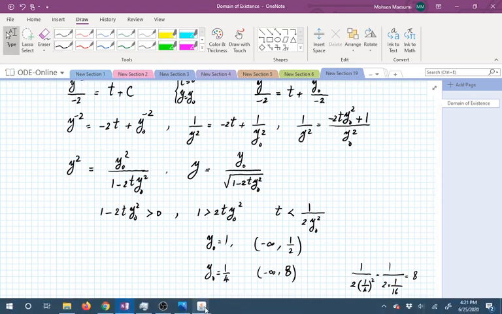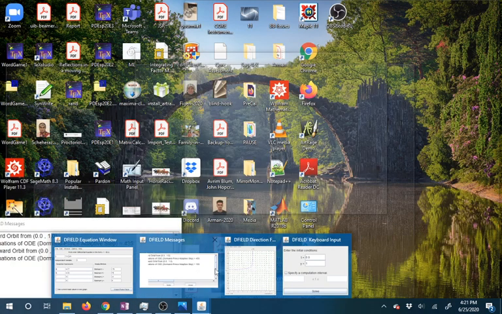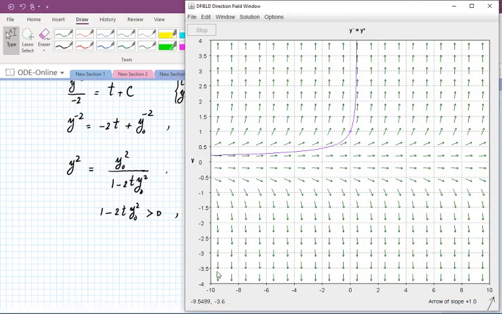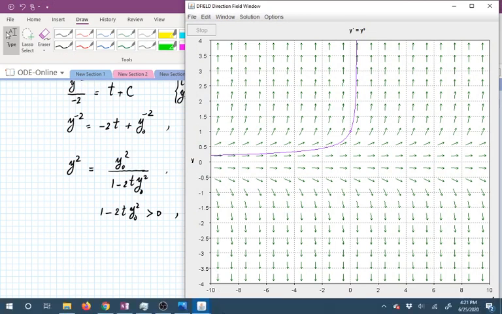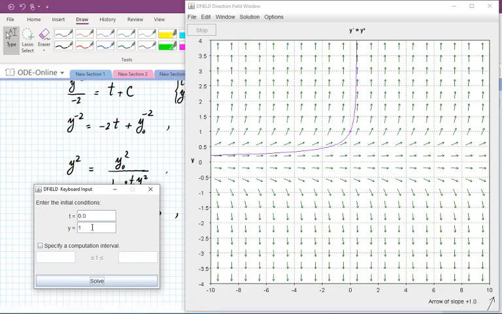So I go here, and I go ahead and pick my solution. In this software, you cannot enter a fraction here. You cannot enter 1/4. You have to enter 0.25.